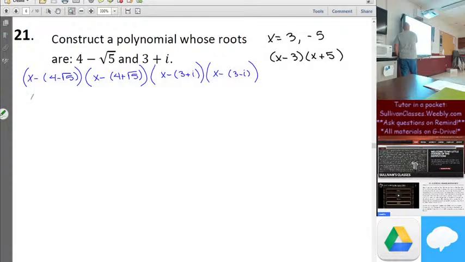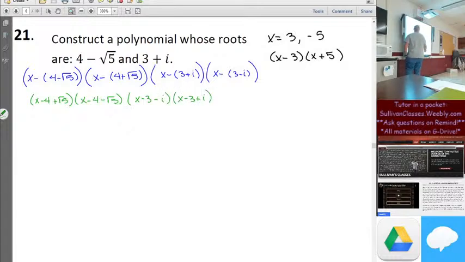So I'd turn that into x minus 4 plus square root of 5 times x minus 4 minus square root of 5 times x minus 3 minus i times x minus 3 plus i. This is how it's done in the book. x minus the 0 is the linear factor, no matter how ugly it gets. And then you just got to go distribution bonkers on it.